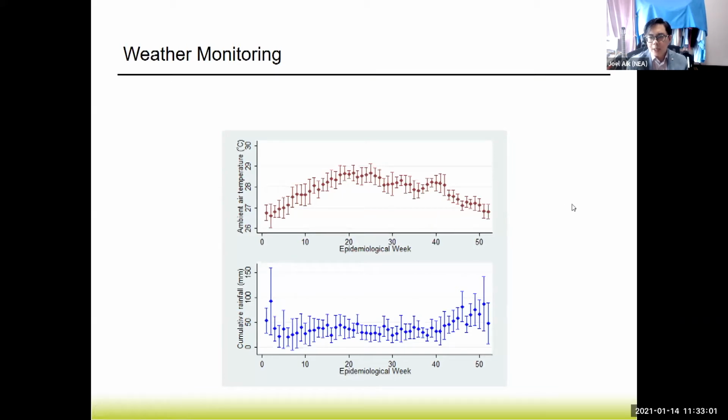Okay, so with higher temperature, we expect the extrinsic incubation period to decrease, so mosquitoes can become infective with the dengue virus more quickly. And so that could lead to an increase in infections. Yep, decreased incubation period.